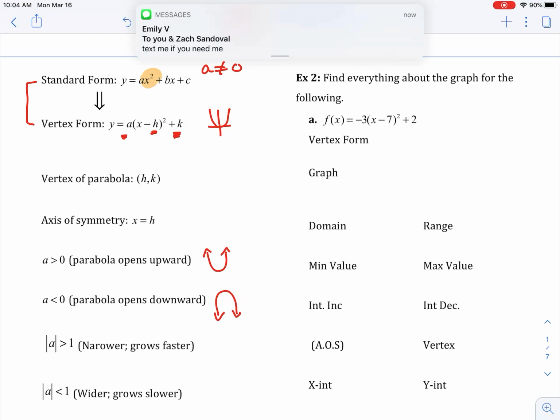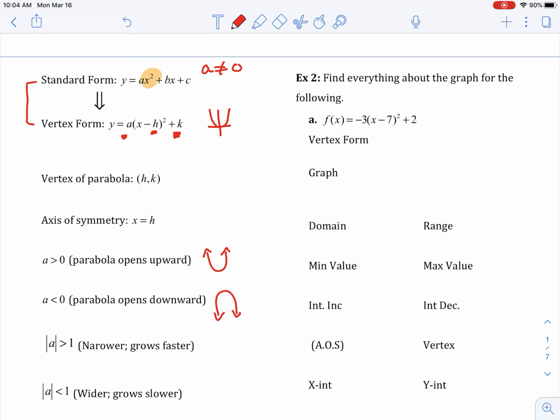And in terms of our a value, if the absolute value of a is greater than 1, then our y values are getting larger and larger faster, which means it's going to narrow our parabola. We're going to have a skinnier parabola versus if we have some sort of fraction in there, less than 1, a 1/2, a 1/3, 1/4, our y values are not getting large as quickly, and so our parabola is going to be much wider. Okay?